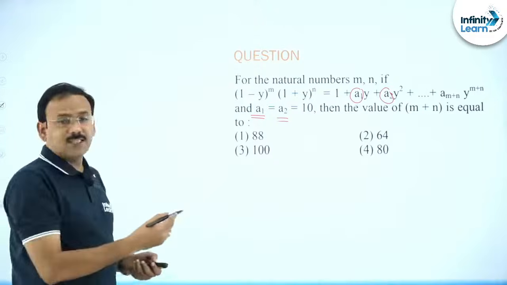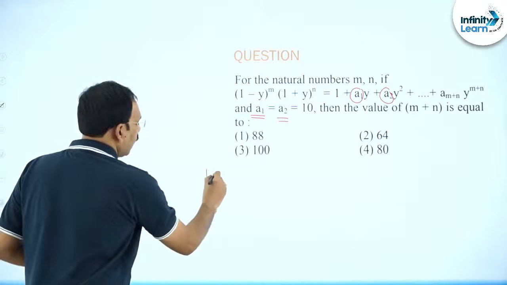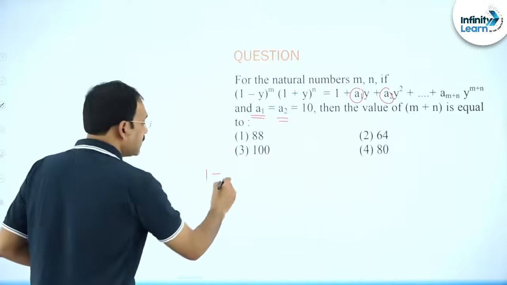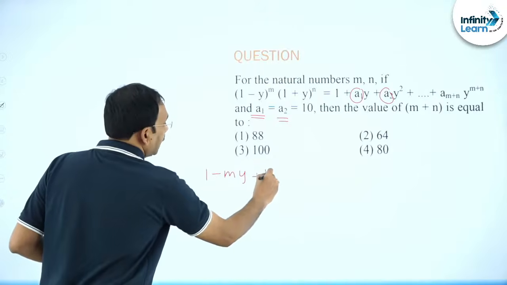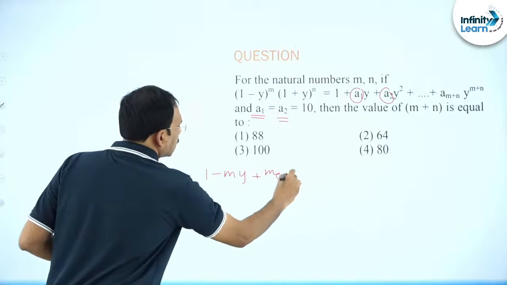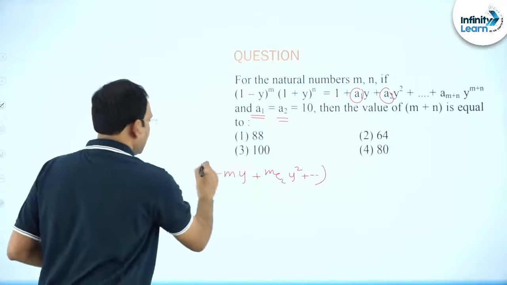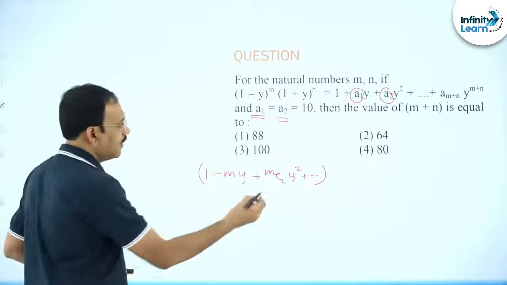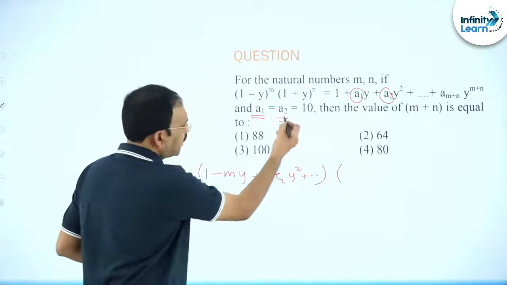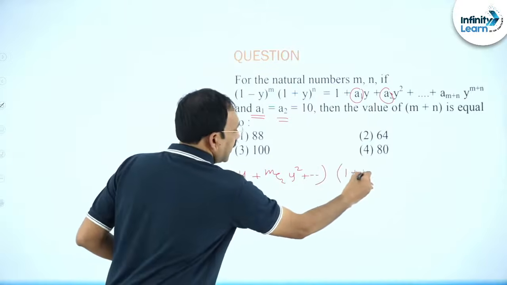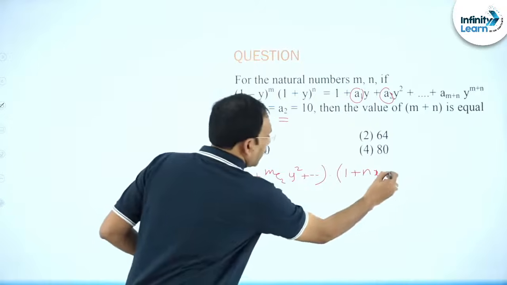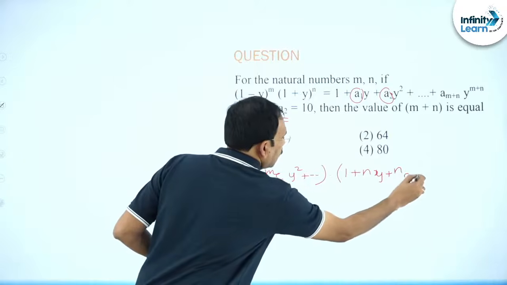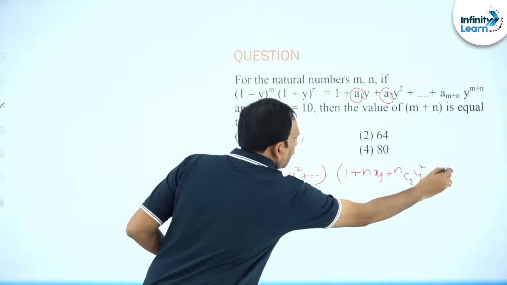The expansion of (1 minus y) whole power m will be 1 minus mC1 y plus mC2 into y square and so on, multiplied by 1 plus nC1 y, that is n y, plus nC2 into y square and so on.